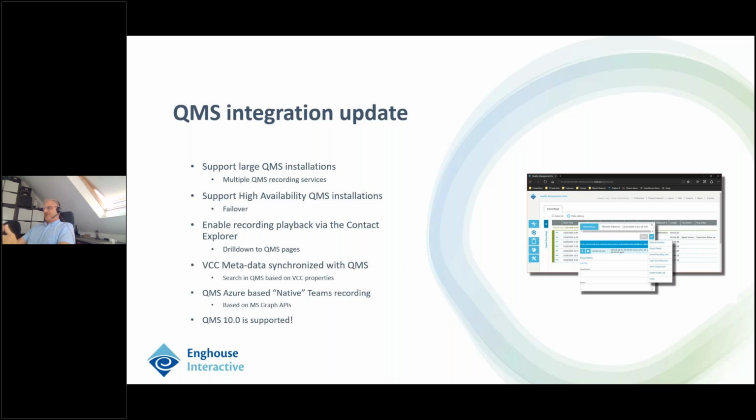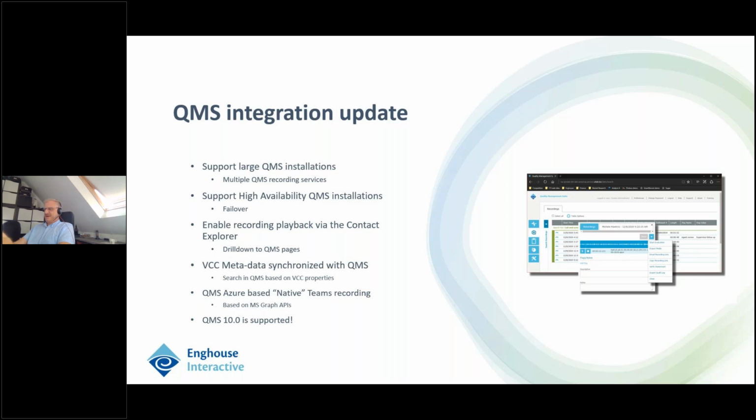What is also possible with the QMS integration is that QMS now supports native Teams recording. So if you're using the native Teams integration via the Graph APIs, the Foxtron Communication Center never actually gets in touch with the voice, with the audio, so we cannot record it anymore.